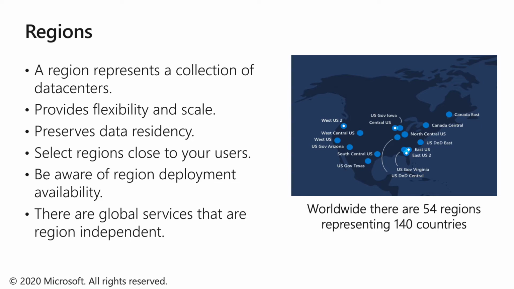This preserves data residency, so data is stored in the general location in which it's being called from or used. You can select regions close to your users so that the communication of information and data requests and storage setup is much more rapid. You need to be aware of region deployment availability, but there are global services that are region independent as well.